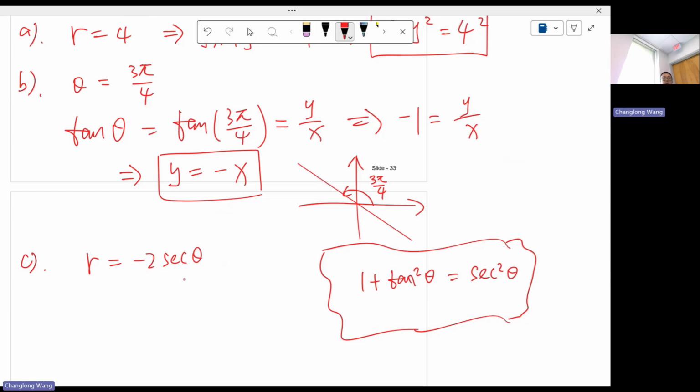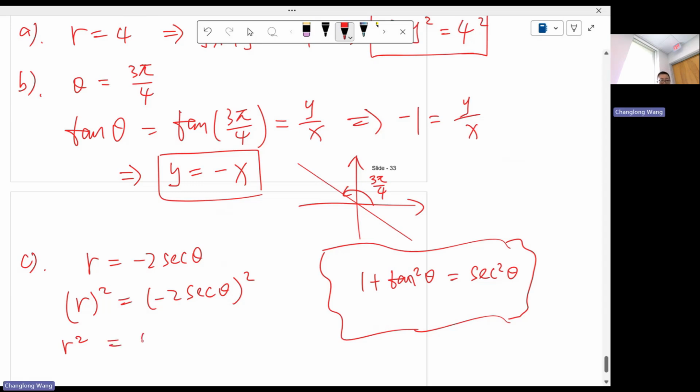Guys, you're looking at an equation. You want something on one side of the equation to be squared. What would you do? Square both sides, right? So let's do that. We'll square the R and also the 2 secant theta. So this will be R squared, still not a bad thing, because R squared is going to be X squared plus Y squared.